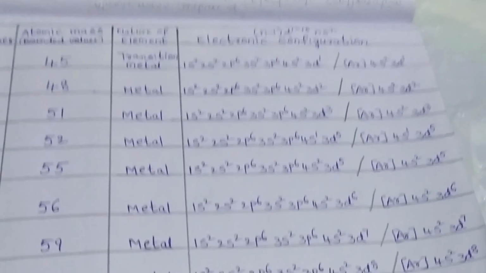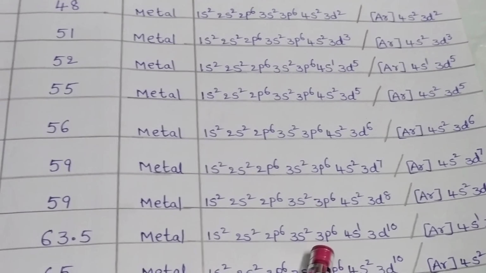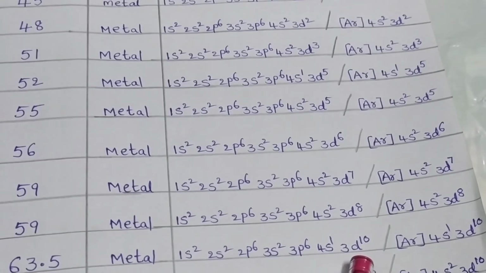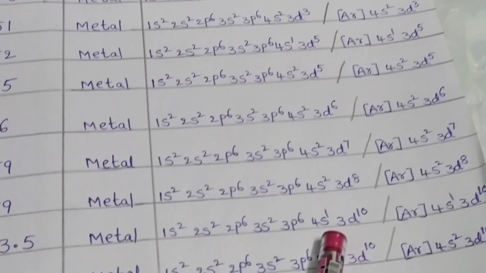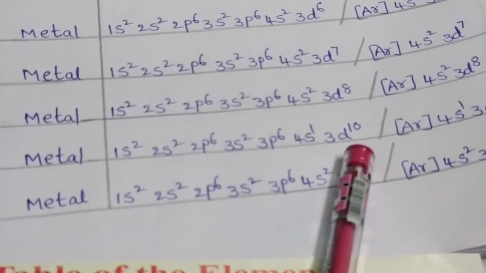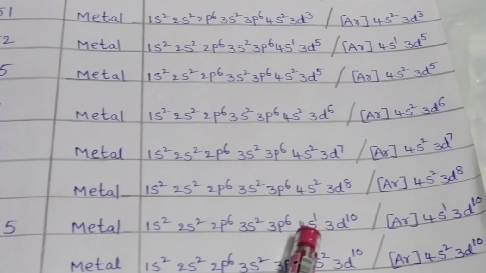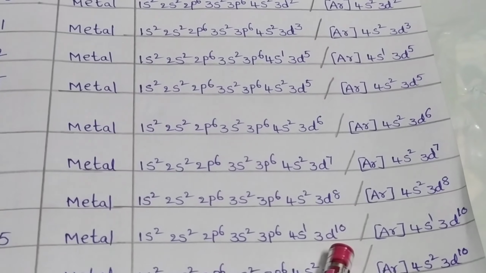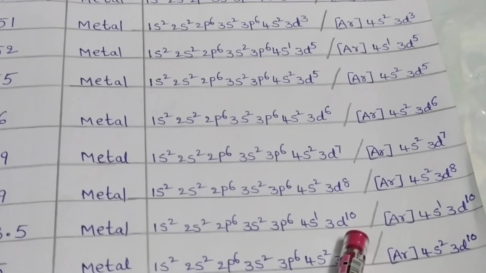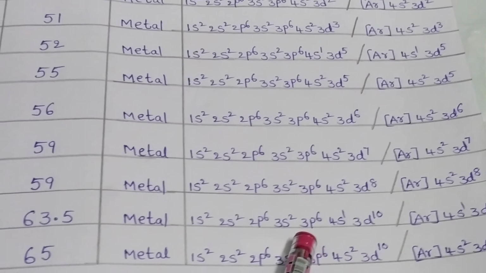But we can write down the electronic configuration as 1s2, 2s2, 2p6, 3s2, 3p6, 4s1, 3d10 because according to Hund's rule, if an atom is half filled or completely filled in orbital, then that atom gets stability. So, one of the s electrons is shifted to d. So, s is half filled, d is fully filled. According to Hund's rule, this atom will get more stability.